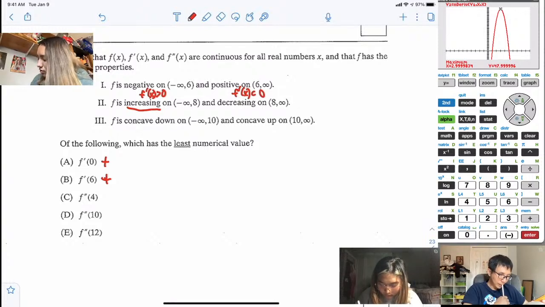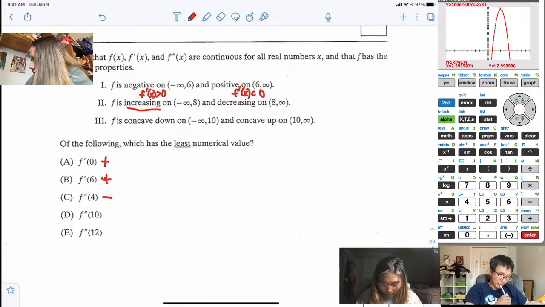Okay, let's look at choice C. Choice C says f double prime is 4. 4 is between negative infinity and 10. So is that negative or positive? That is negative, because it's concave down.